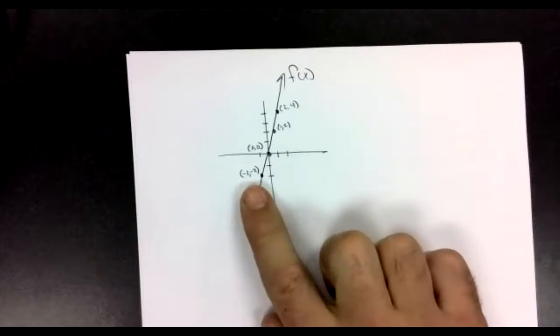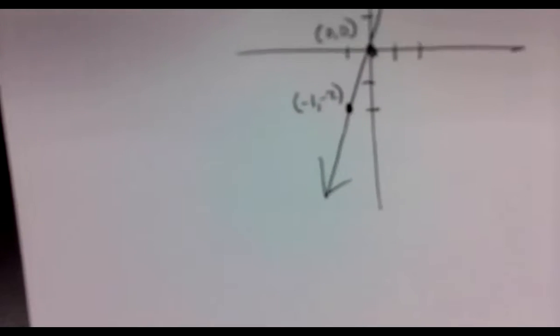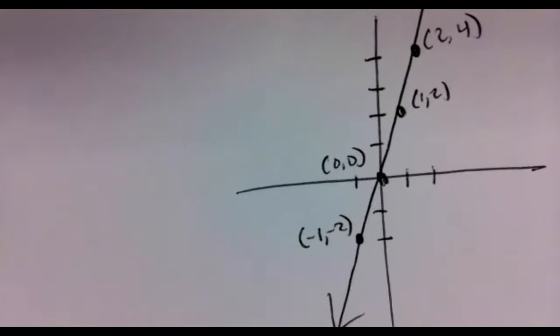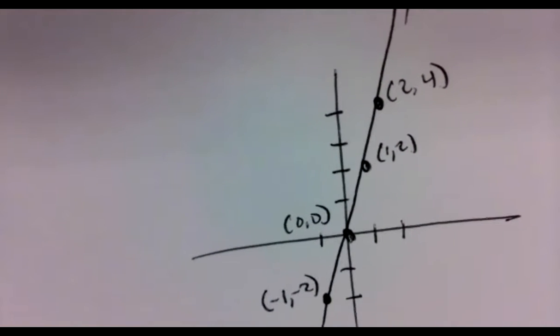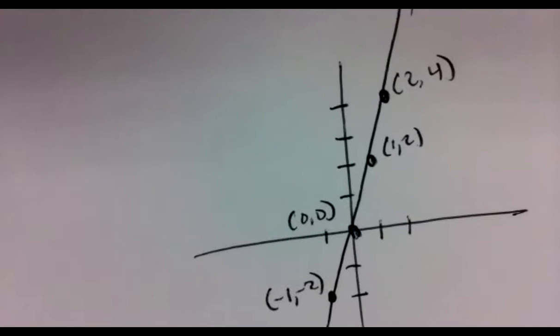So again, I just labeled my points. I know that's really small, but that says -1, -2, and then 0, 0, and then 1, 2, and then 2, 4. I just labeled my points.